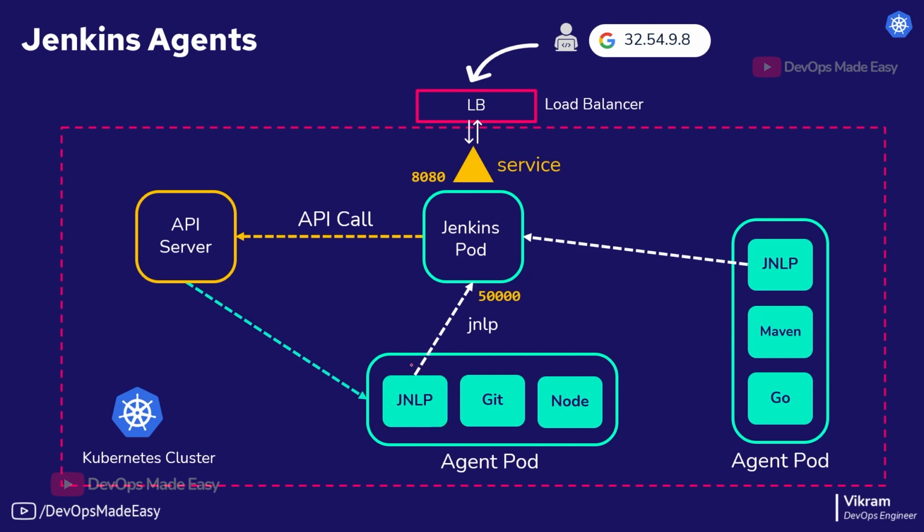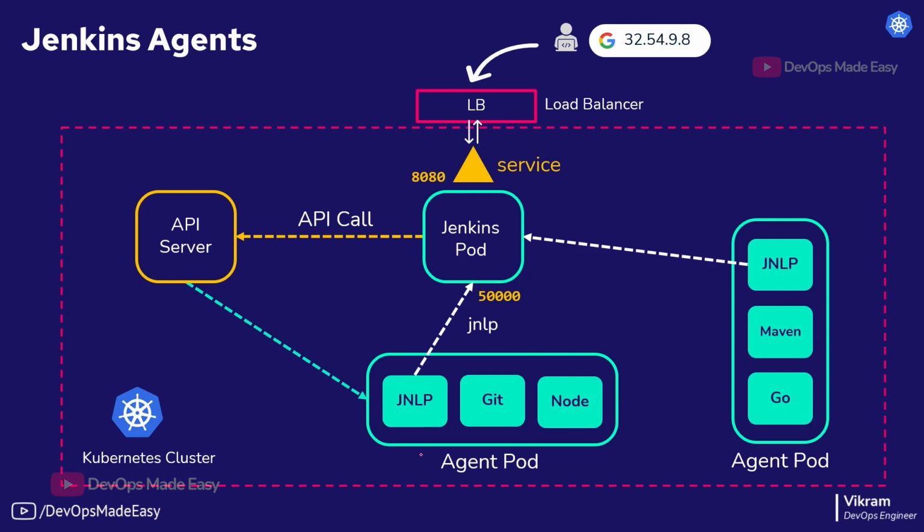This is basically an inbound agent container, and this container is responsible for talking back to your Jenkins master pod. If Jenkins master has to run a job inside a pod, it is going to call the API server in Kubernetes to provision a pod for you. This pod is like an agent pod in which your complete job will run.